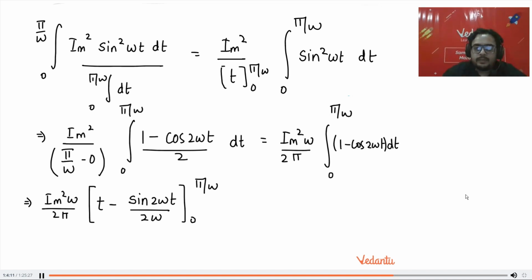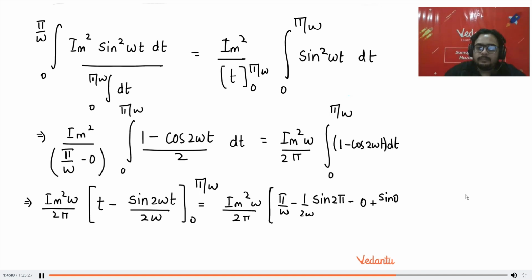You will get Im square omega by 2 pi, and in the box you get pi by omega minus 1 by 2 omega times sine 2 pi, minus 0 plus sine 0 by 2 omega. Sine 2 pi is 0. So basically we get pi by omega, and IRMS should be the under root of this value.